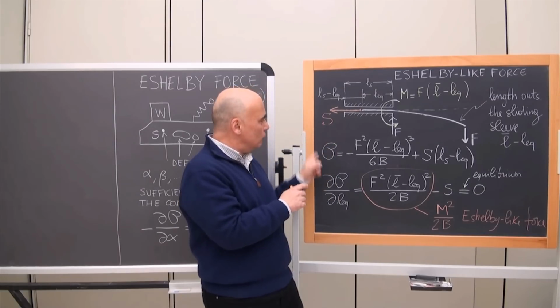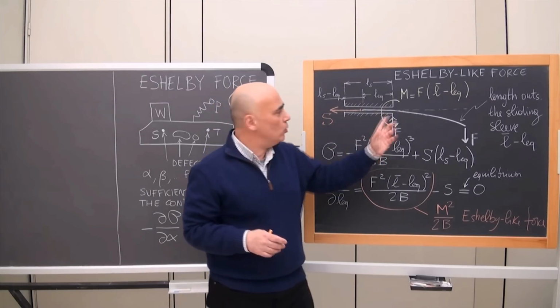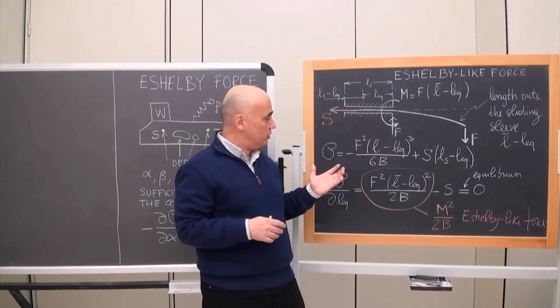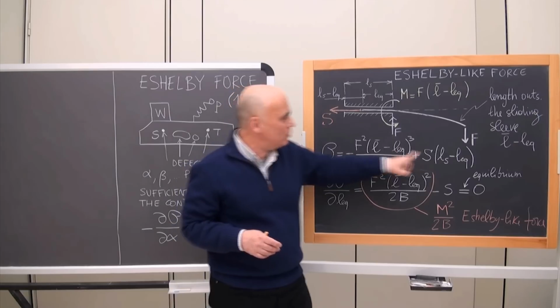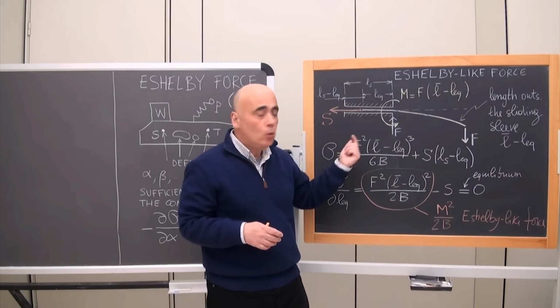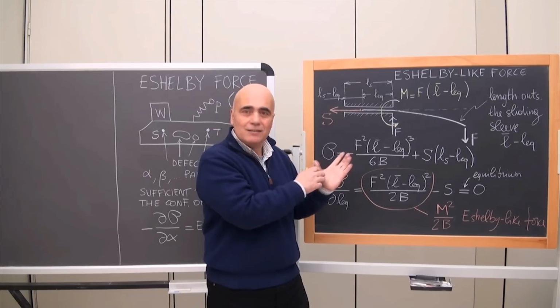And if we write the total potential energy of the system, it's a student exercise because we assume linear behavior of the system, we see that the total potential energy depends on the free parameter LEQ, which is the amount of the elastic rod inserted in the sliding sleeve.